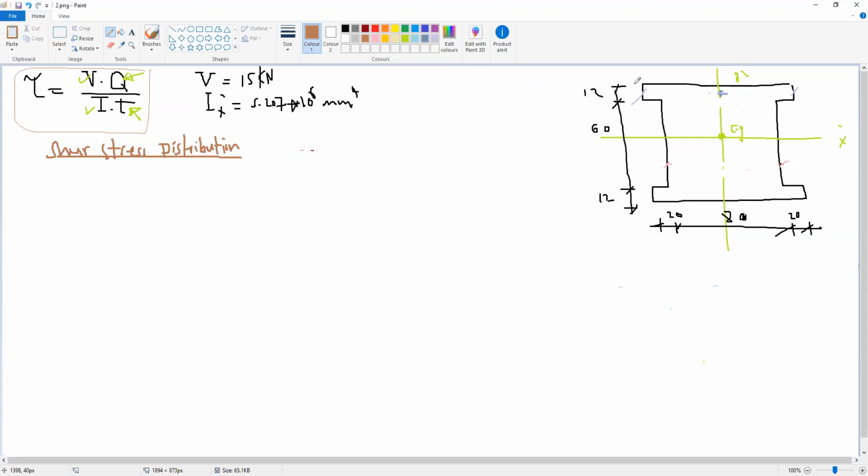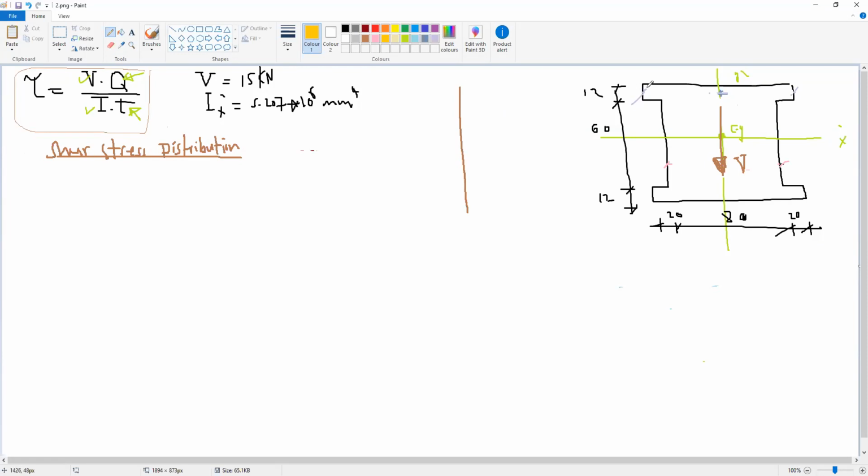So if this is our section, we need to draw a datum here. The datum is always parallel to the shear force. If you remember, the applied shear force V was vertical, so our datum will be vertical, and we will draw some cuts to help us draw the shear stress.